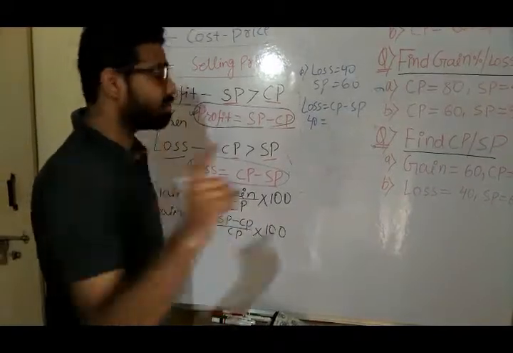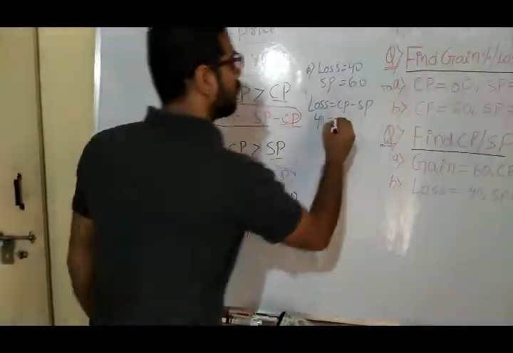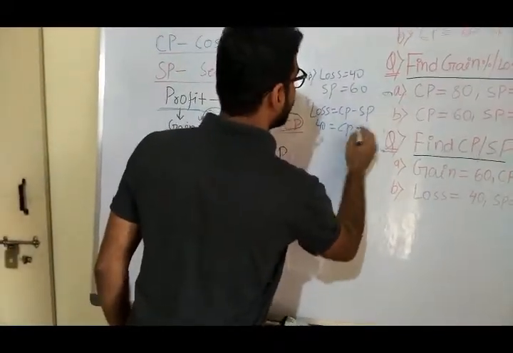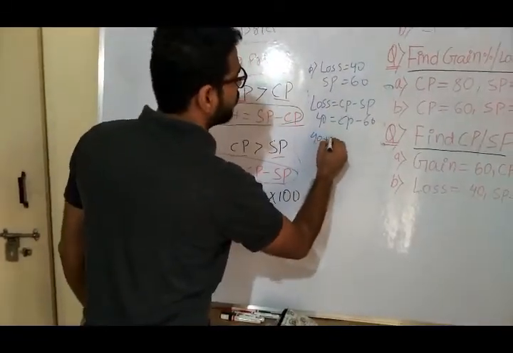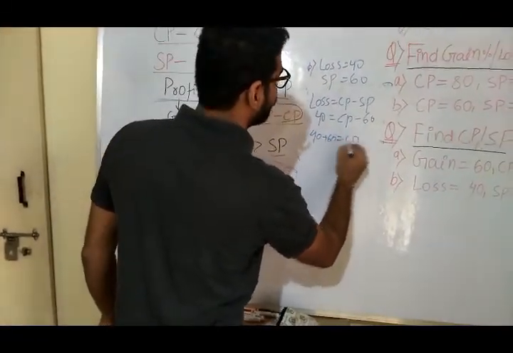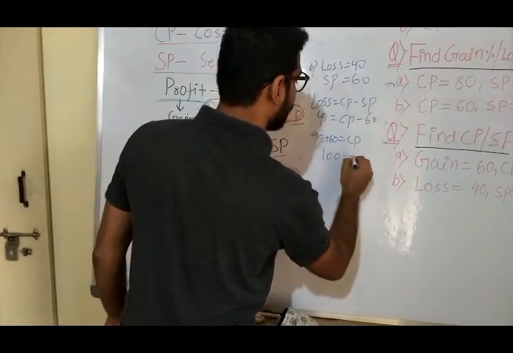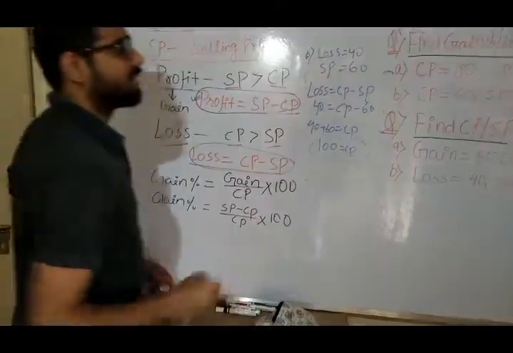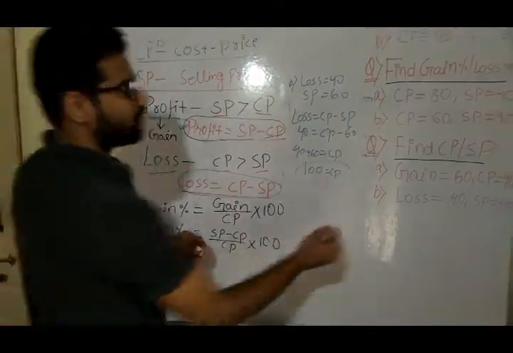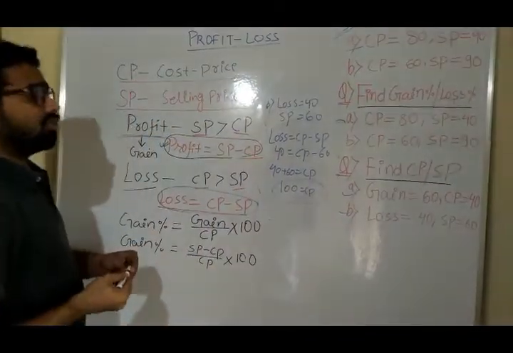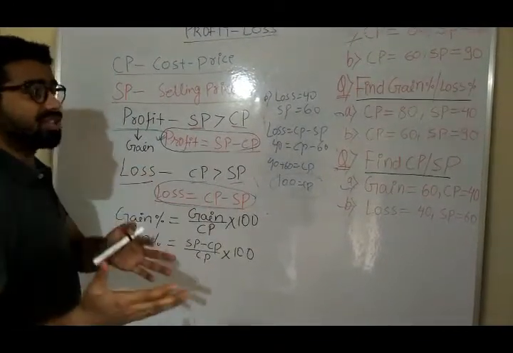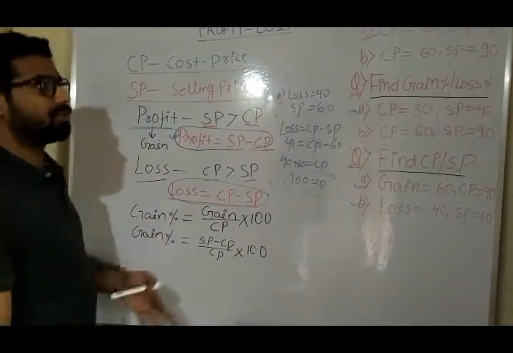We don't have CP, so 40 is equal to CP minus 60. Now change the direction: 40 plus 60 is equal to CP. So 100 is equal to CP. Finally, we got the answer. So in one we got CP, in the other we got SP. So we know how to find CP and SP.